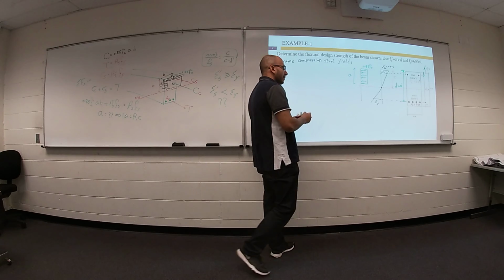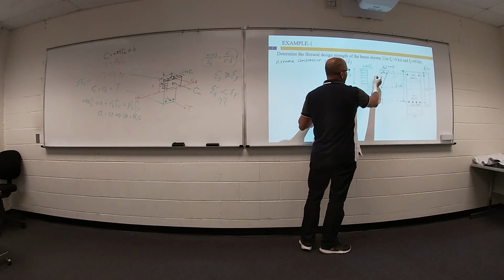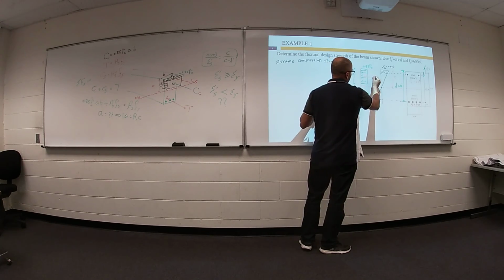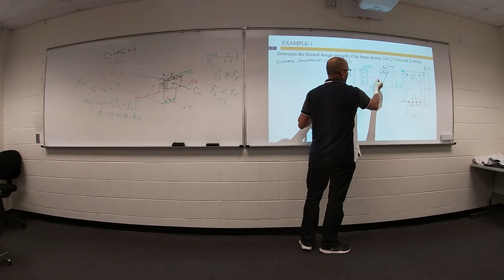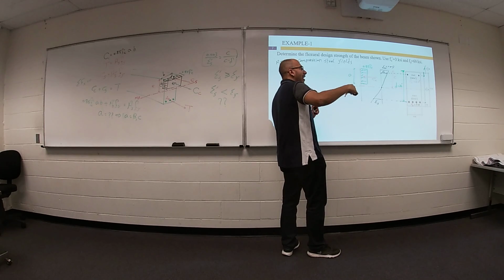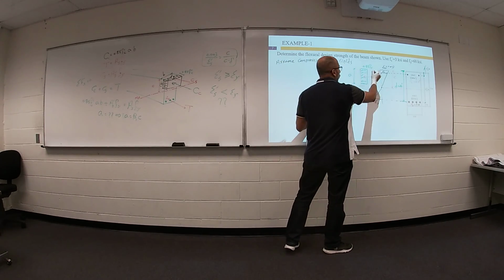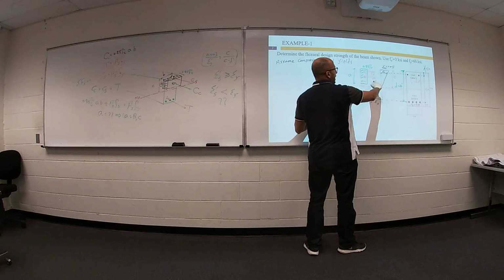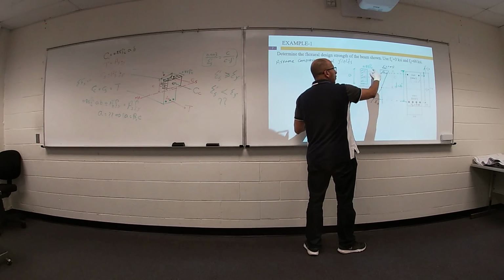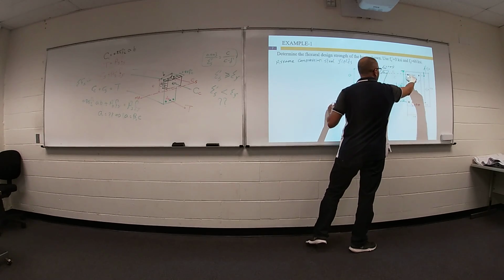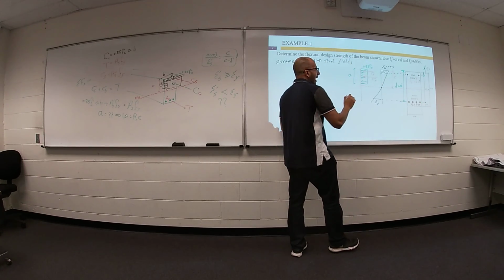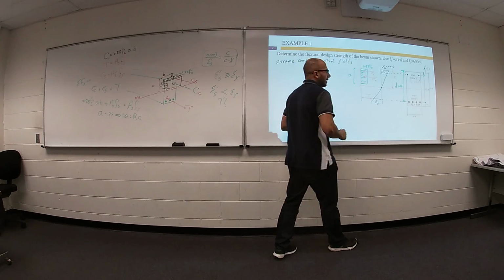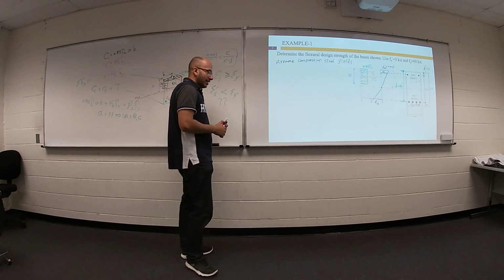We have compressive force CC. We have another compressive force called CS. One is in concrete, one in steel reinforcement in compression. And we have tension force in steel reinforcement below the neutral axis.